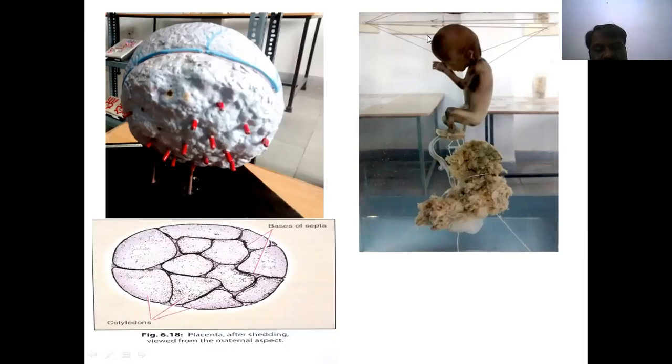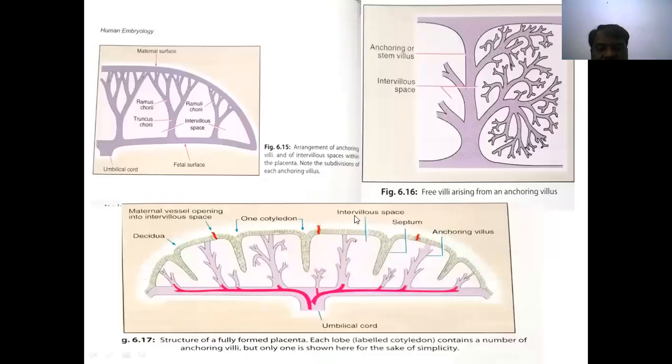This is covered with the layers of fetal membranes. That is the cytotrophoblast, syncytiotrophoblast, extraembryonic mesoderm, and next the fetal blood vessel. Those are the four layers present inside these fetal membranes. This diagram shows one cotyledon. This cotyledon has the intervillous space and the anchoring villi.